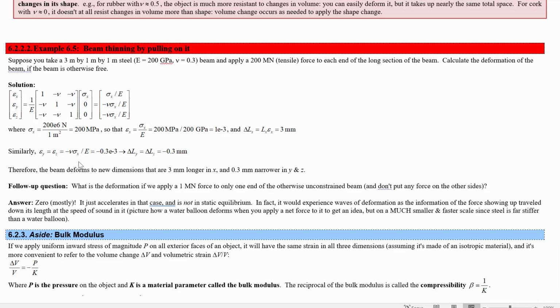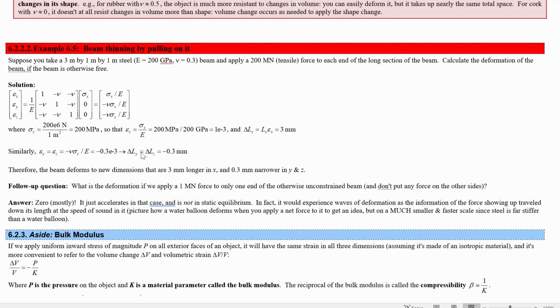Now, how much is the compression in the other directions? We get a strain in those directions, which is Poisson's ratio times the strain we had in the x direction. The strain in the x direction was 1e minus 3, so negative nu times that gives us a negative 0.3e minus 3.